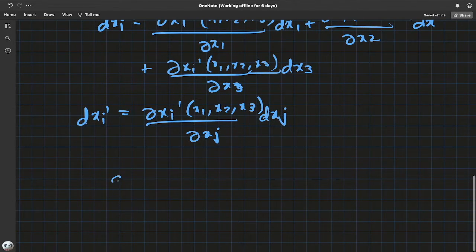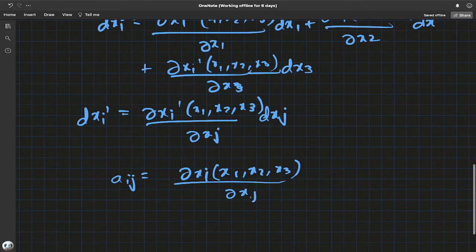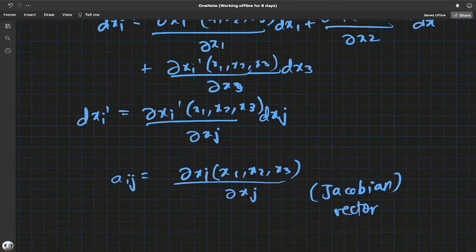This means that a_ij is actually this partial derivative of x1 x2 x3 with respect to x_i. And if you remember what this is, a Jacobian, or you can think of this as the vector gradient. These two are just transposes of each other.